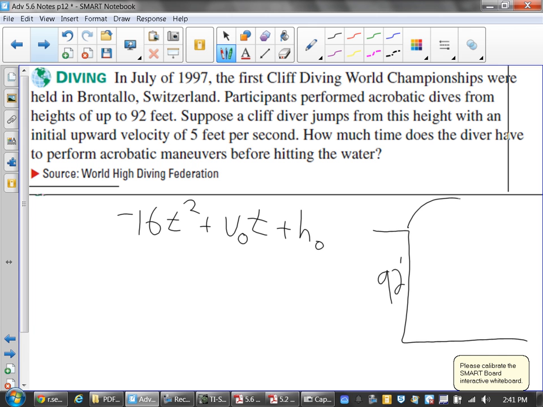He's jumping up and out, so your initial velocity is up 5 feet per second. So this is going to equal 0 because it's a quadratic: negative 16t squared plus 5t plus 92. Again, now you're back to the point of why do I want to use my calculator? Because I'm sure not going to factor that. See what I'm saying?